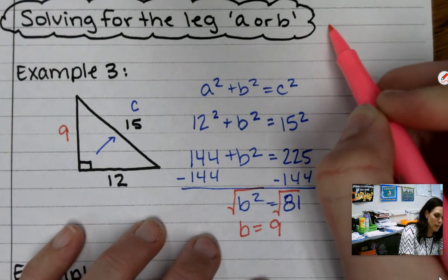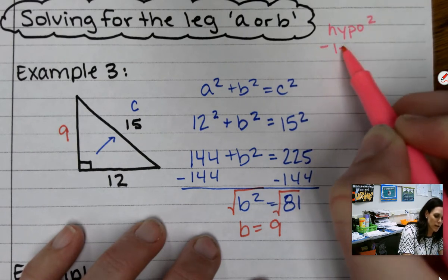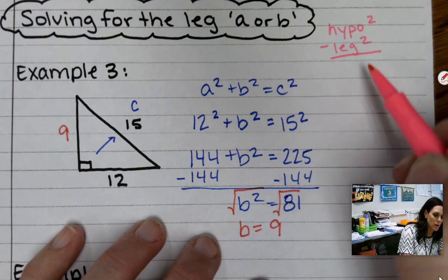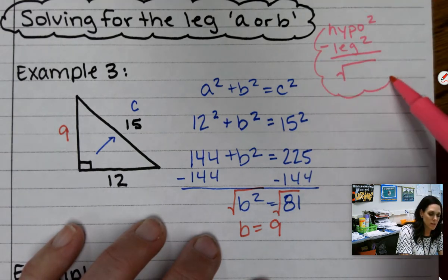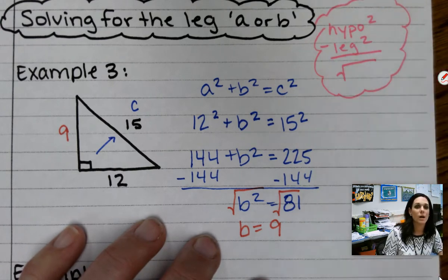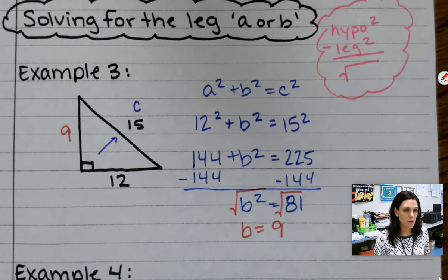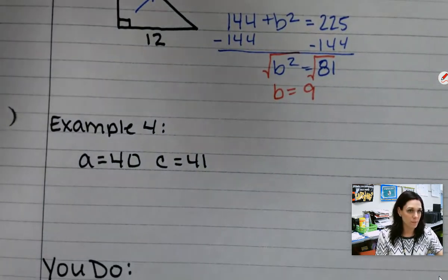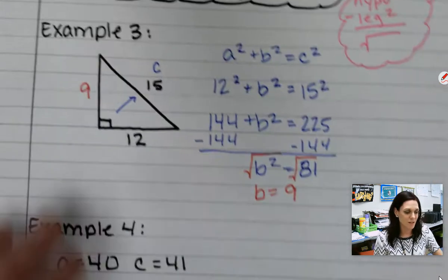All right, my hypotenuse squared minus my leg squared, and then I take the square root of that answer. That's kind of a little thought bubble because that will always be my process when solving for the leg. All right, so let's take a look at another example. Actually, if you need more time writing this, please pause. Otherwise, let's take a look at the next example.